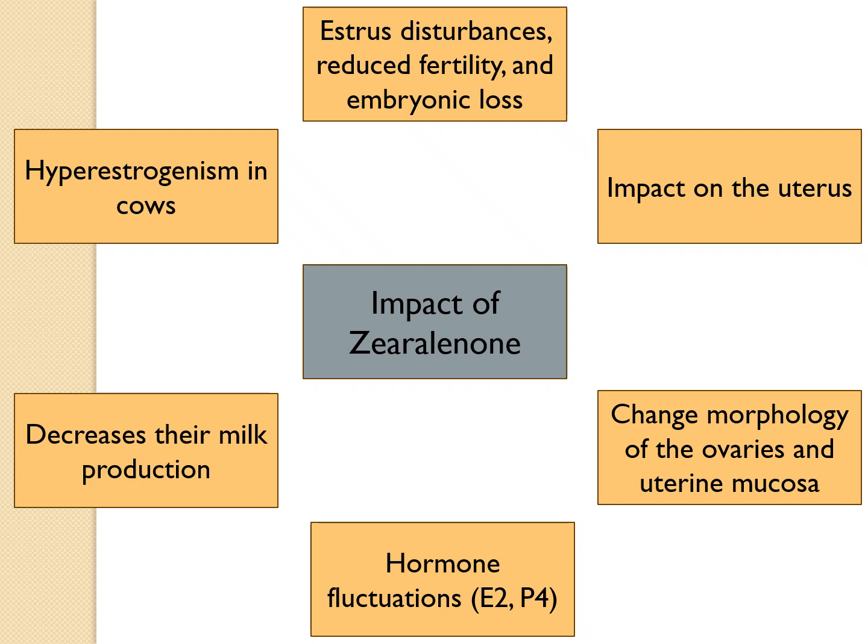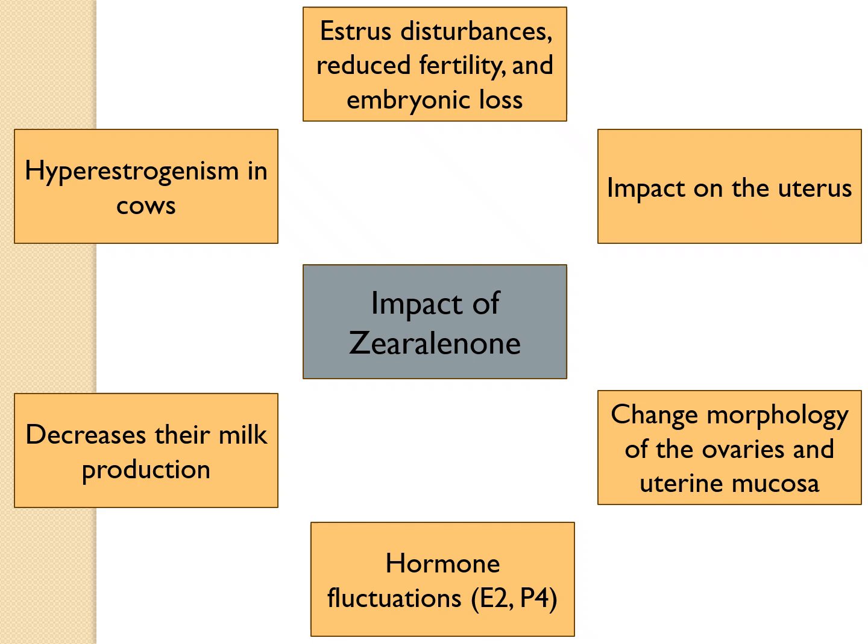Here are the impacts of zearalenone on cattle: it causes estrus disturbance, reduced fertility and embryonic loss. Then it causes hyperestrogenism in cows, and it decreases milk production in cows, and hormone fluctuation, mainly of estrogen and progesterone.